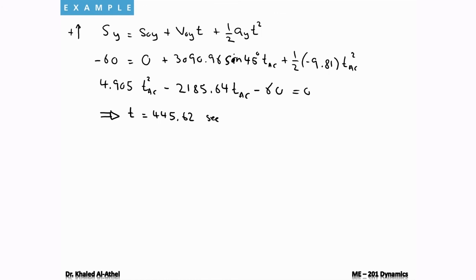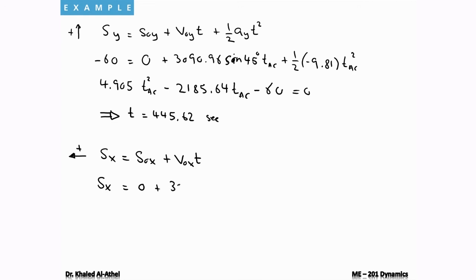Okay. Now I need to find the horizontal distance. So I'm using left as positive. I will say Sx should equal 0, I'm using the same origin, obviously, plus v0x times the time. Now, the final distance, I need to find it, I don't know it. Originally, I am at 0 location.